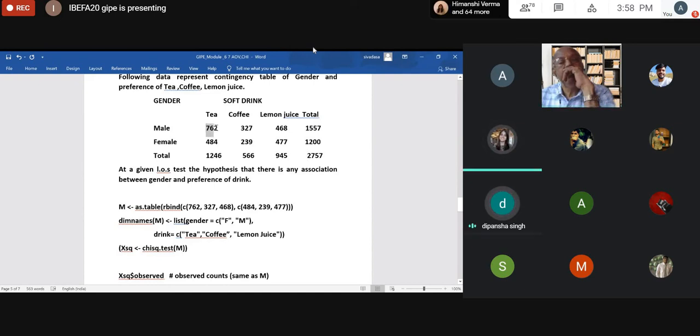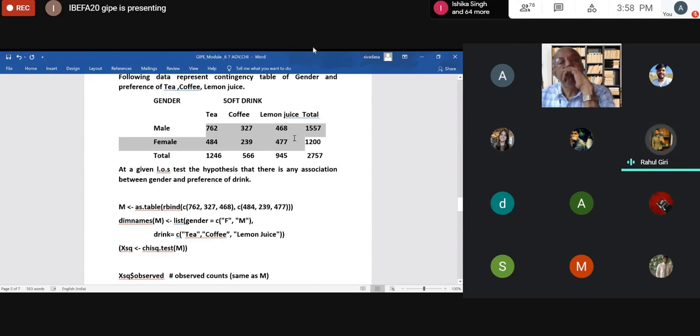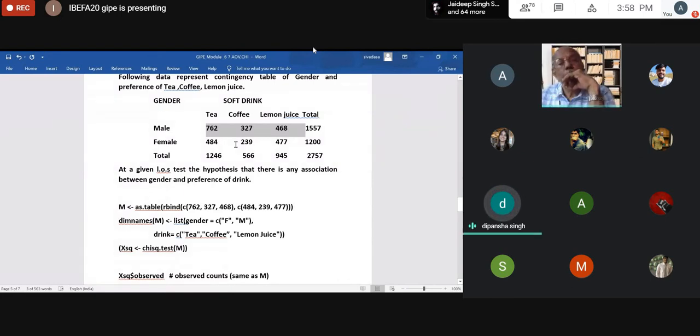Male and preference for tea. Correct. For which is it low? Female coffee. Correct. So the probability a male prefers tea is much higher than that a female prefers coffee, and others are in between. Correct, na?